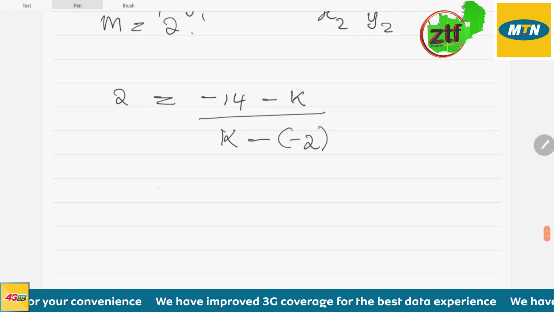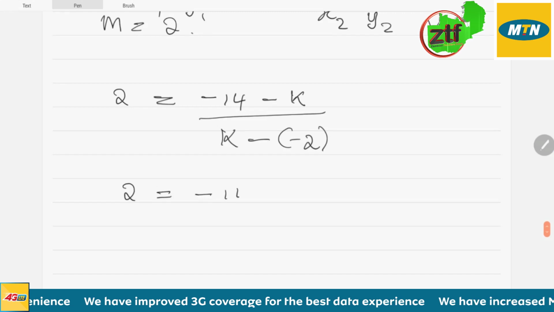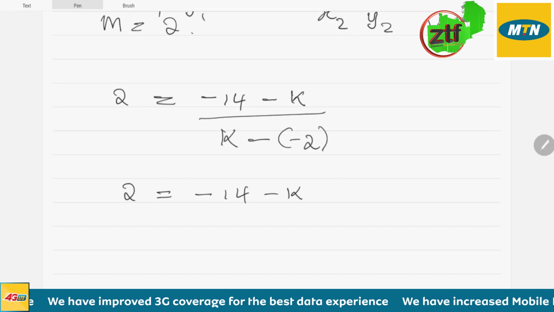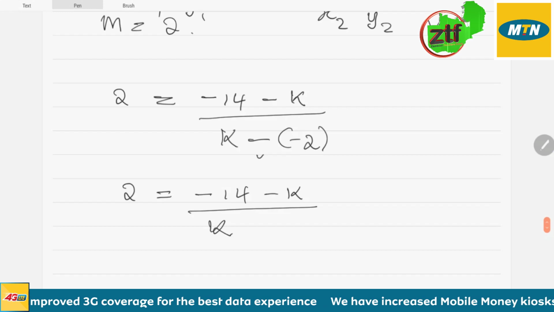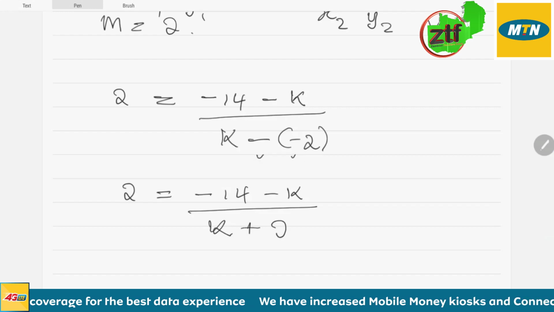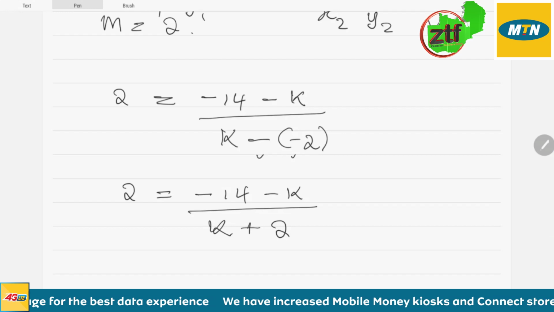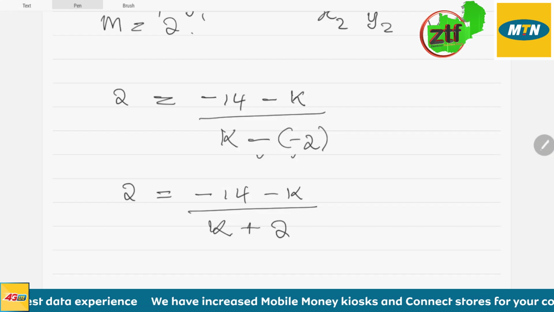So this will give us 2 is equal to negative 14 minus k divided by k. Positive times negative, you get positive. So you have positive 2 when you multiply the negative outside the bracket by the negative in negative 2.